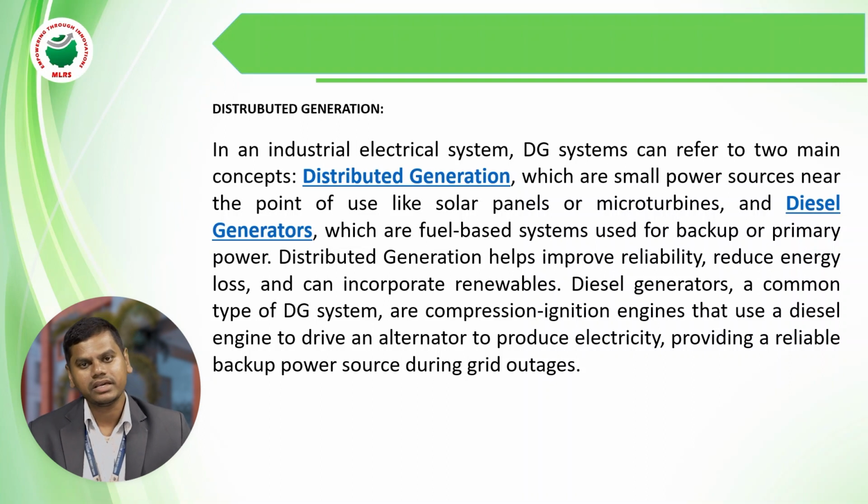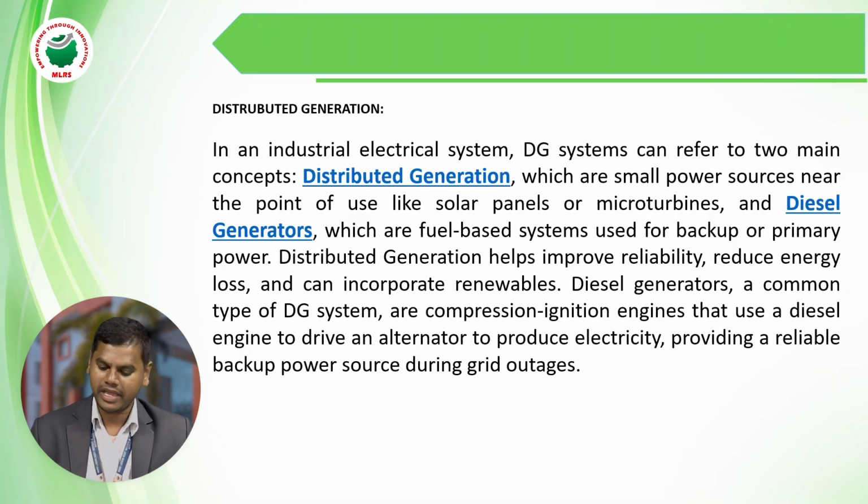Distributed generation refers to small power sources near the point of use, like solar panels or micro turbines, and diesel generators are fuel-based systems used for backup or primary power. The DG system helps improve reliability, reduce energy losses, and can incorporate renewables.